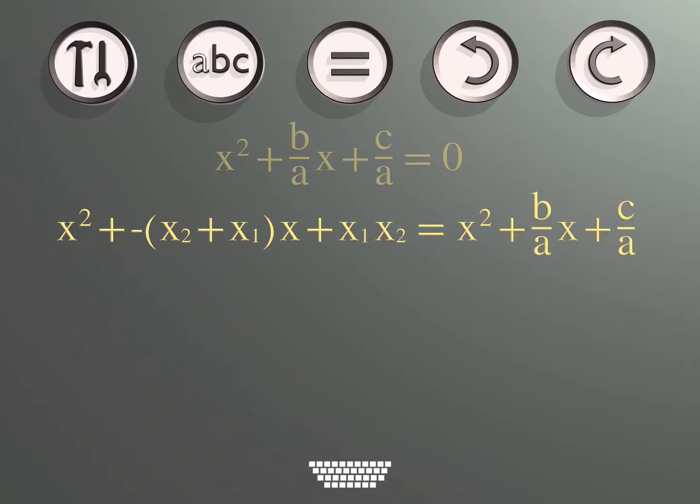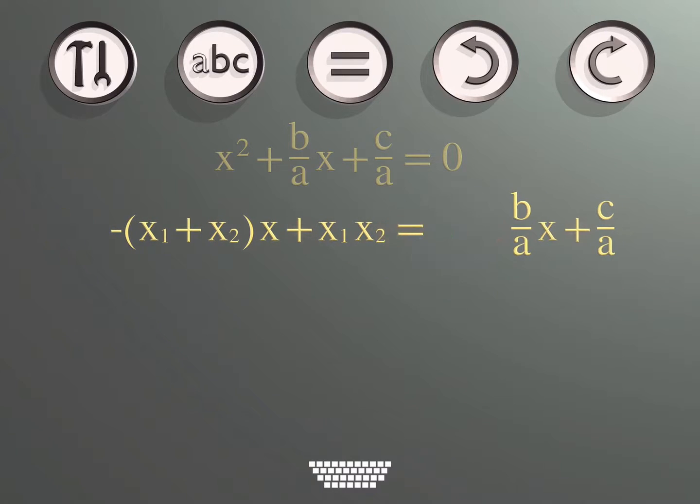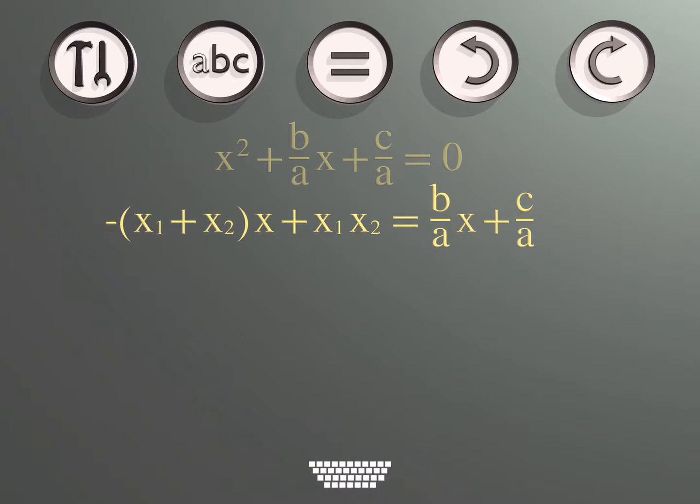Just remember that x1 and x2 are both constants. So this constant in front of the x is just a fancy constant. But in order for this equation to be true, let's cancel out the x squareds. In order for this equation to be true for any value of x, we have some very strong conditions on x1 and x2.